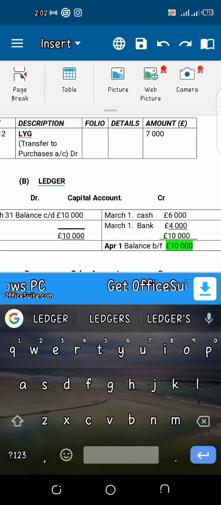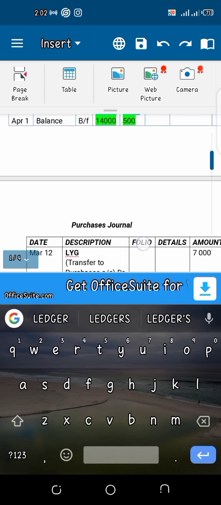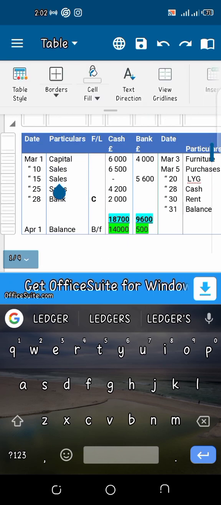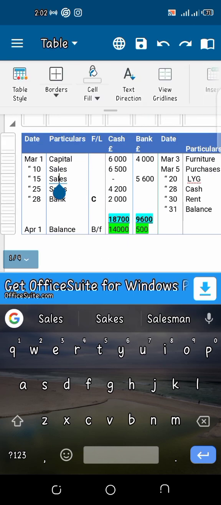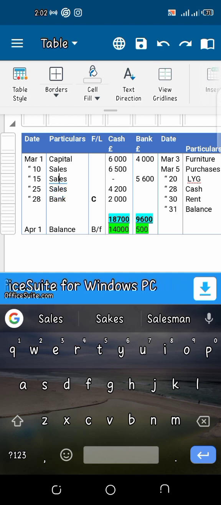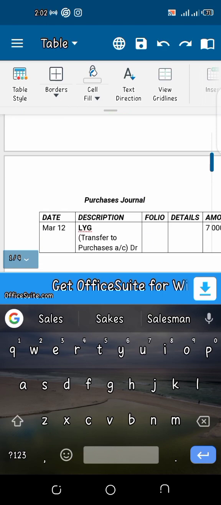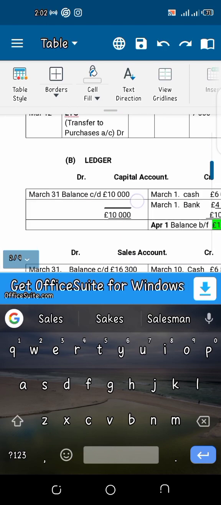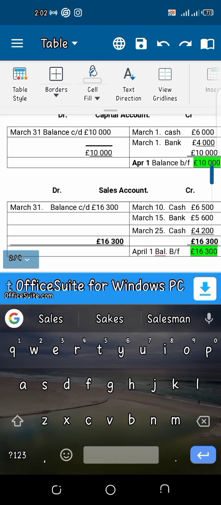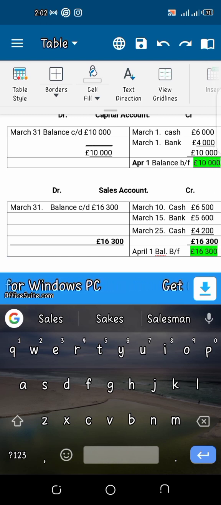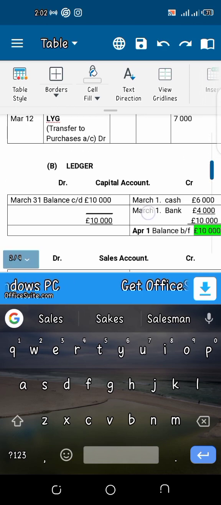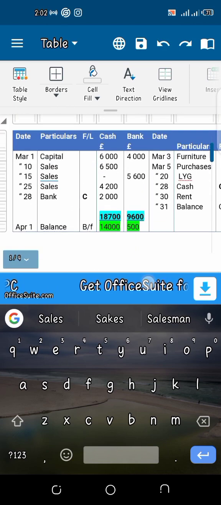The next item from the cash book is the sales. Now we have 3 entries or transactions involving sales. So the 3 entries are shown in the sales account. Now the sales account in the cash book is at the debit side.